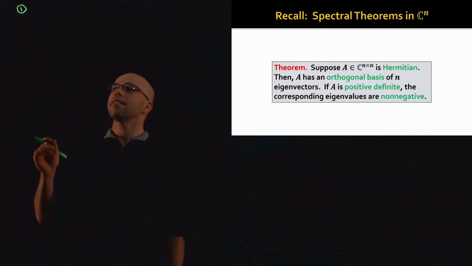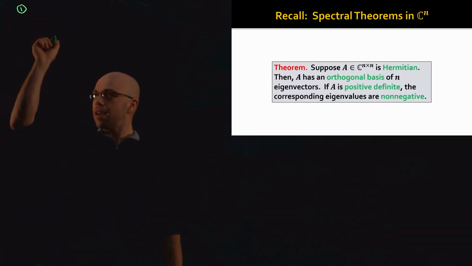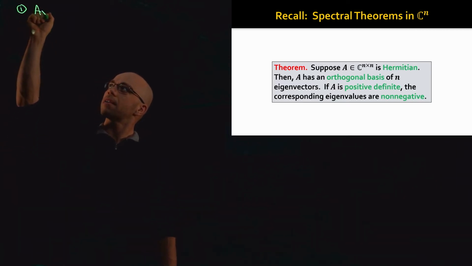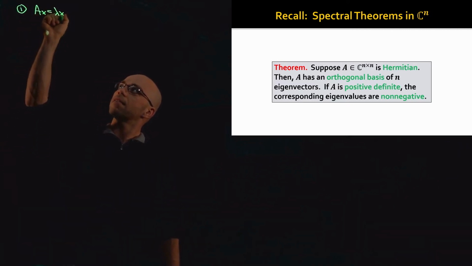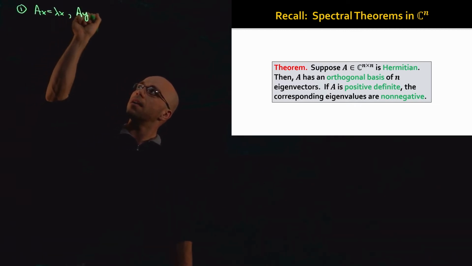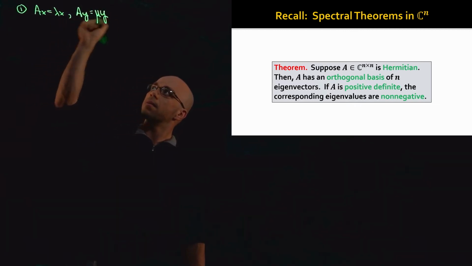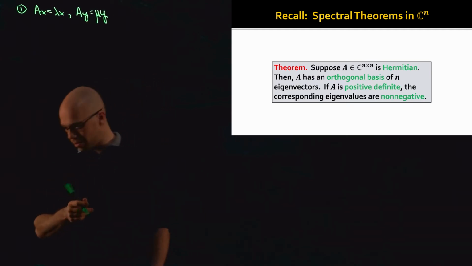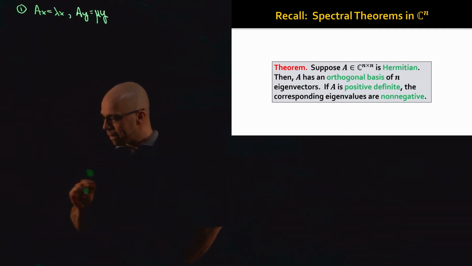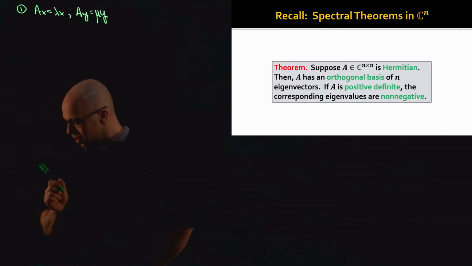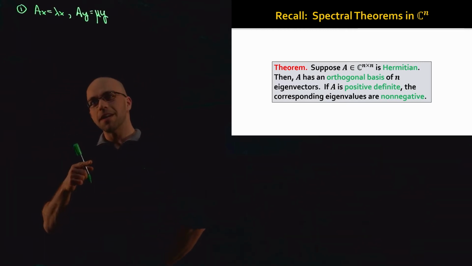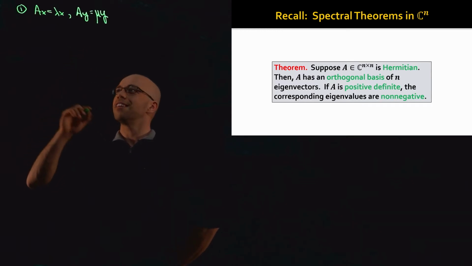In particular, let's say that I have a symmetric matrix A, and I know the following. I know that Ax equals lambda x, and I know that Ay equals mu y, where x and y here are non-zero eigenvectors of A. Okay. Well, in that case, what do I know? Well, I can actually derive that they're orthogonal using kind of a sneaky trick.